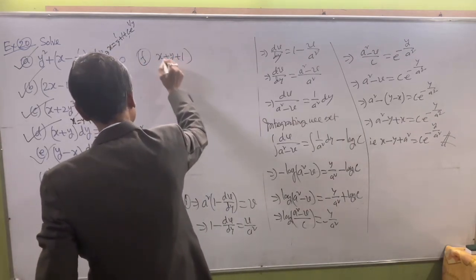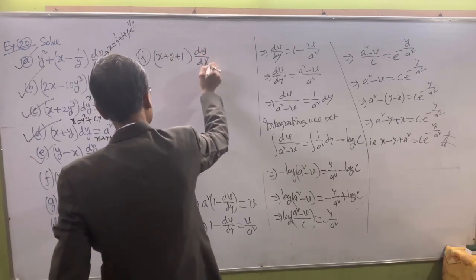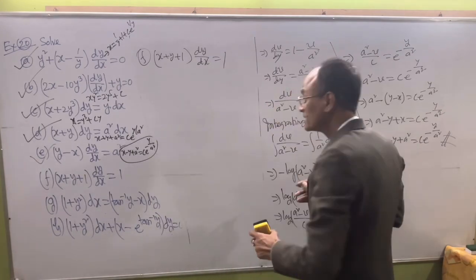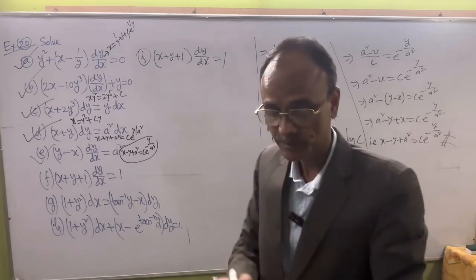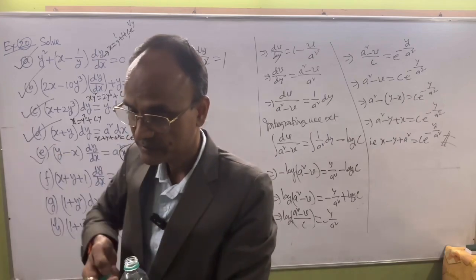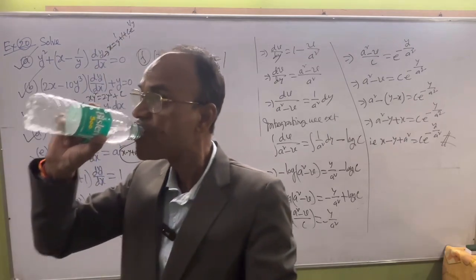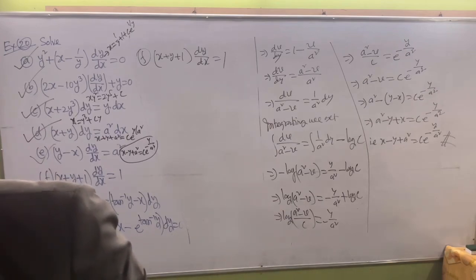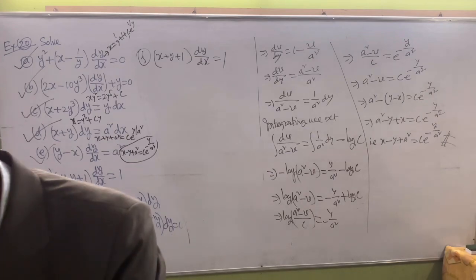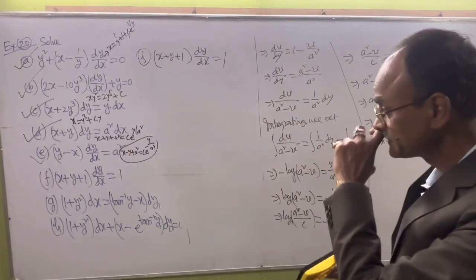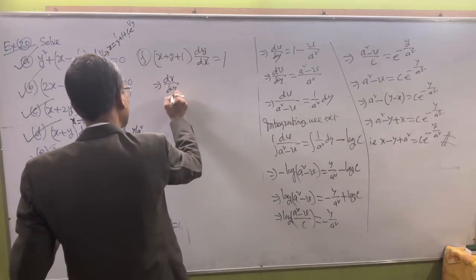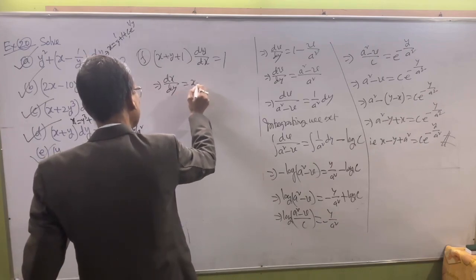x plus y plus 1 dy by dx equal to 1. This can be written as dx by dy equal to x plus y plus 1.